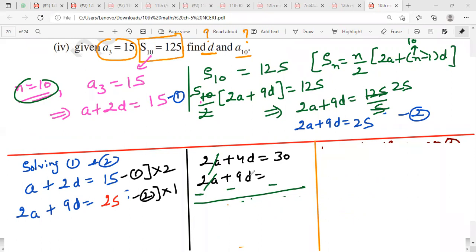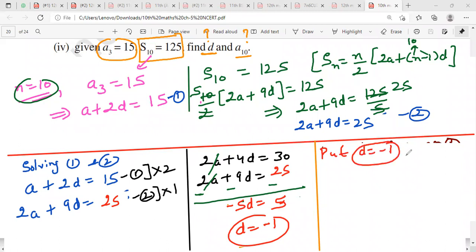So what we will have? 2A plus 9D equal to 25. So 2A and 2A will be cancelled out, right? Minus 9D plus 4D, that is minus 5D. 30 minus 25, it will be 5. So D will be equal to 5 upon minus 5, that is minus 1. Then put D equal to minus 1 in equation 1.